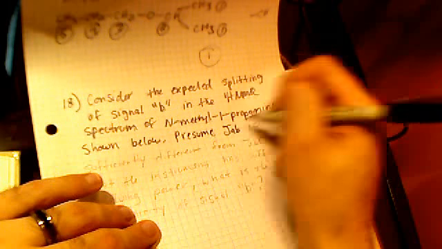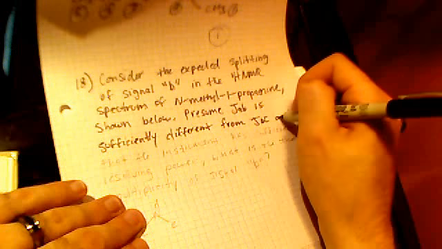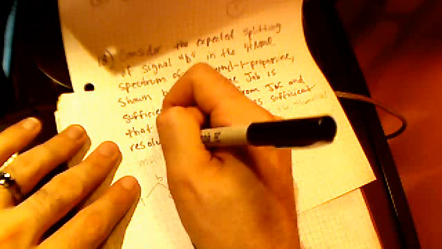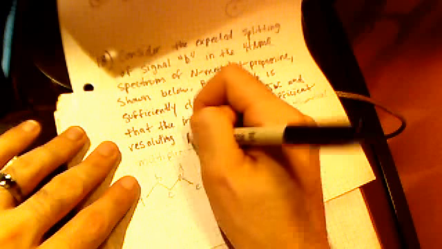So presume that JAB is sufficiently different from JBC and that the instrument has sufficient resolving power.